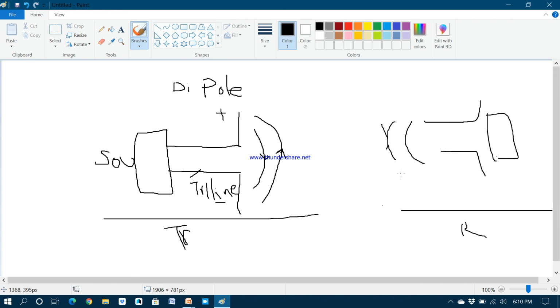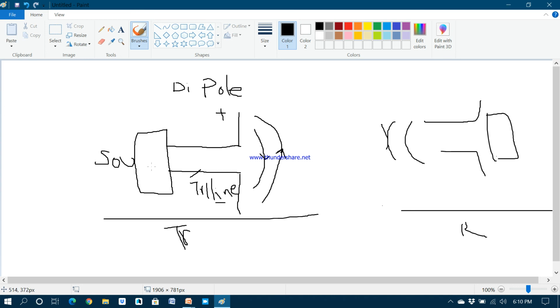Again, from this we can define the antenna another way. Basically, an antenna is a metallic device which is used for radiating or receiving radio waves. So we can conclude an antenna is a transducer which converts radio frequency electrical current into electromagnetic waves of the same frequency as that of the electrical current.